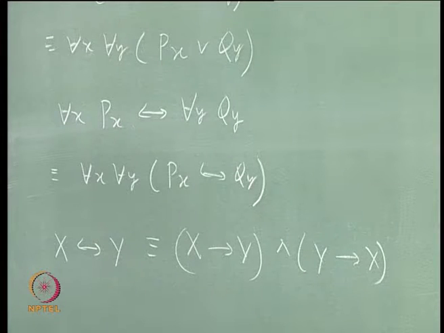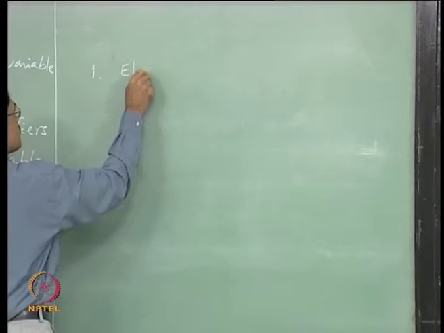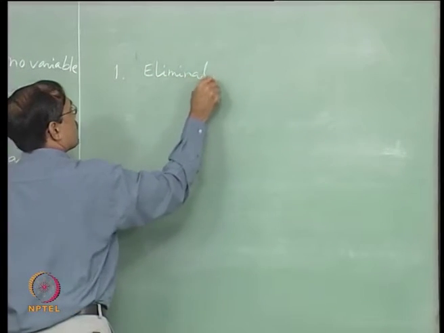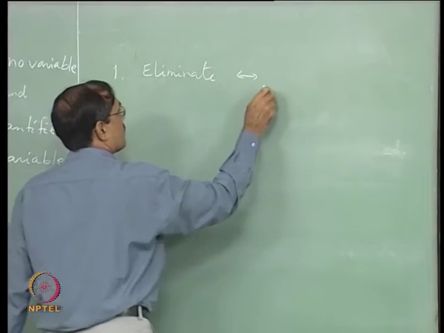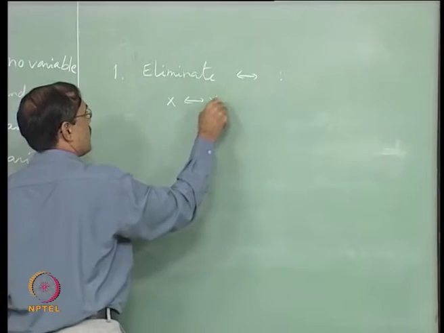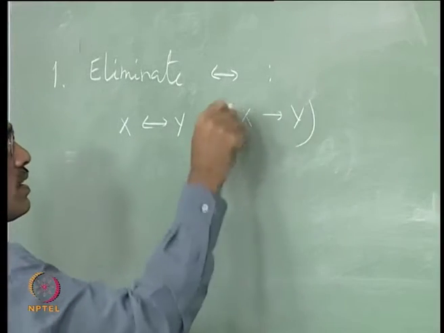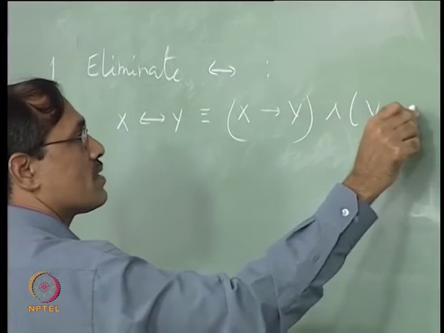So, this we will be writing as: starting from elimination of the biconditional. So, first we would like to eliminate biconditional by using the equivalence x biconditional y is equivalent to x implies y and y implies x.